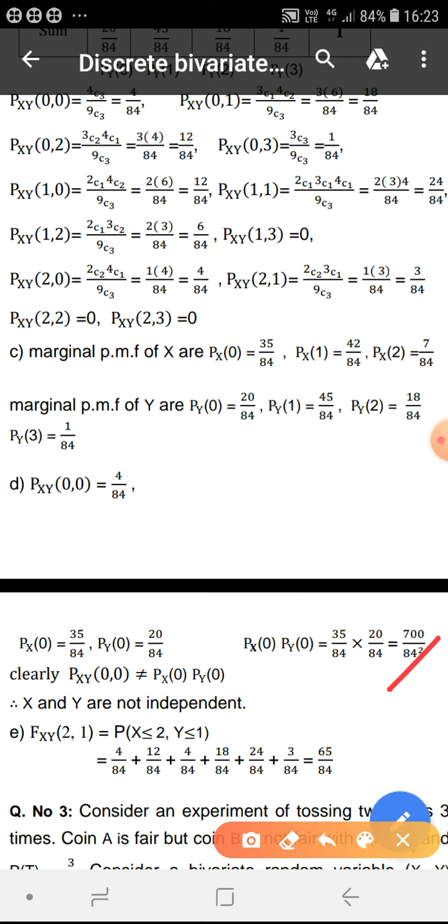The probability mass function Pxy of 0, 0 is 4 by 84, but the product of Px of 0 and Py of 0 will be equal to 700 by 84 square. You can see these two are not equal. Therefore, X and Y are not independent.